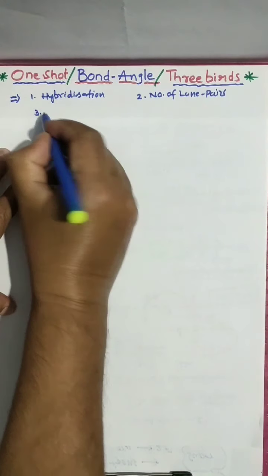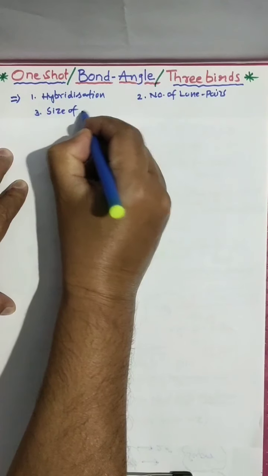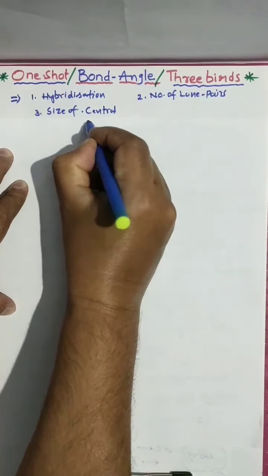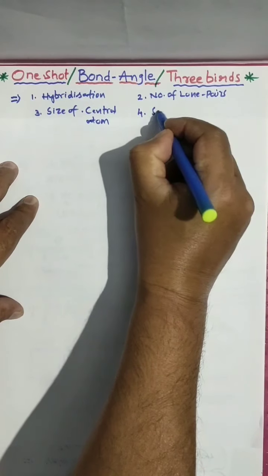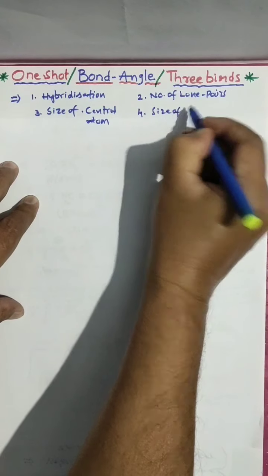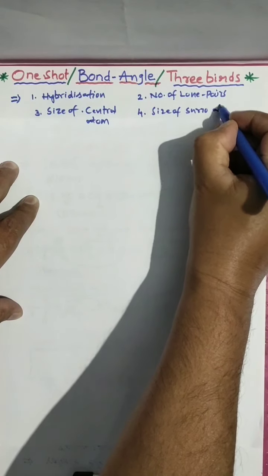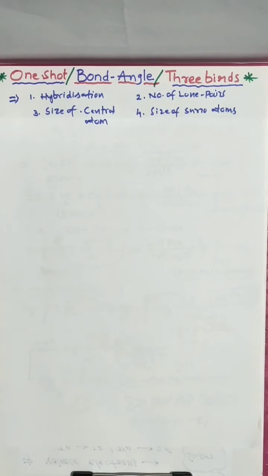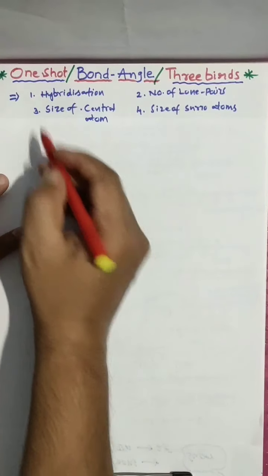The third one, size of central atom. And the fourth one is size of surrounding atoms. If you remember this, any molecule's bond angle you can do within 30 seconds.